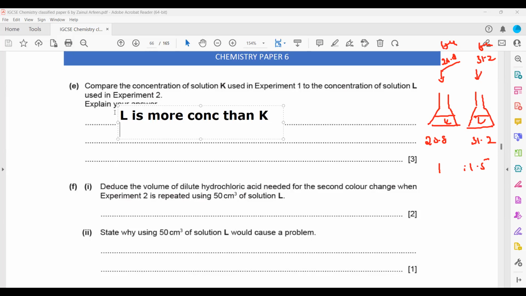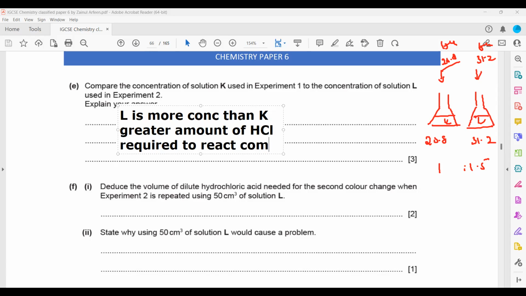And how do you conclude that? Because a greater amount of HCl is required to react completely with L compared to K. And how do you score the third mark?